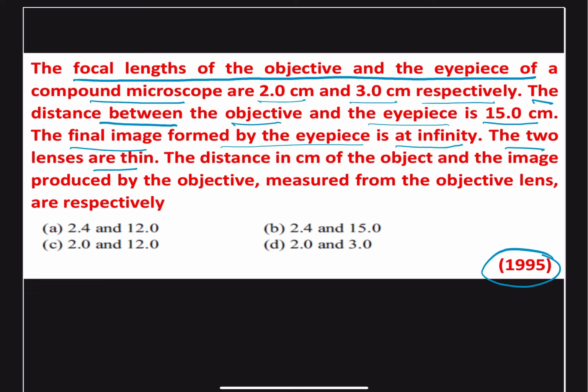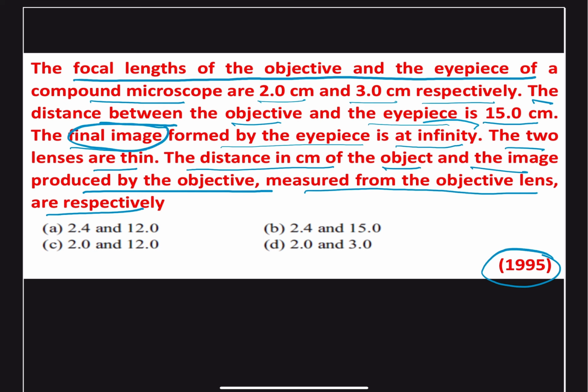The two lenses are thin, the distance in centimeter of the object and the image produced by the objective measured from the objective lens are respectively. So here we are given the focal length of objective and eyepiece and distance between them. And the important part is that here it is mentioned that the final image is formed at infinity.